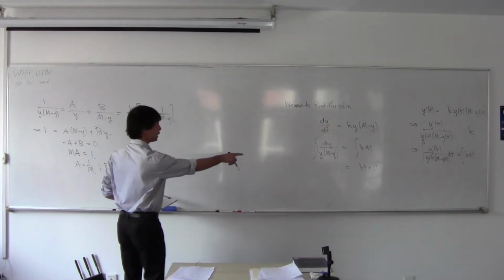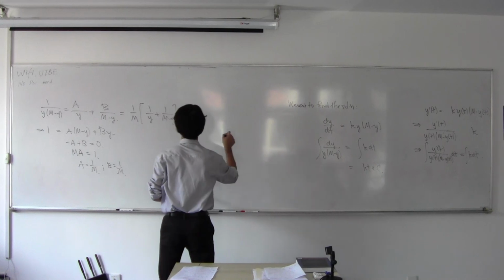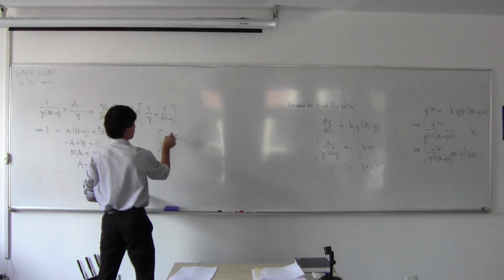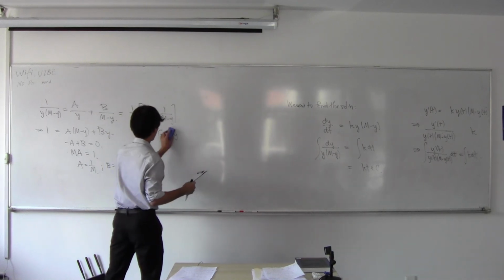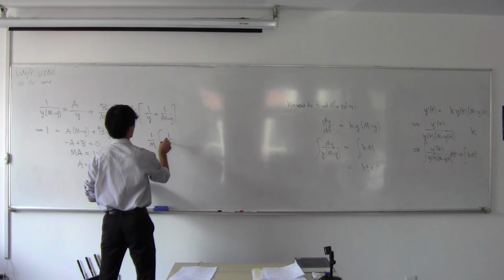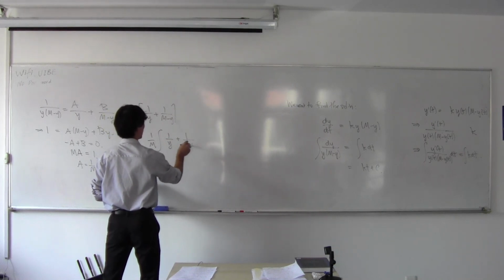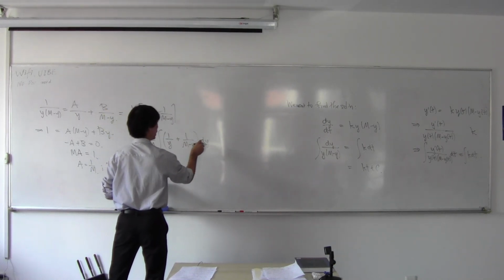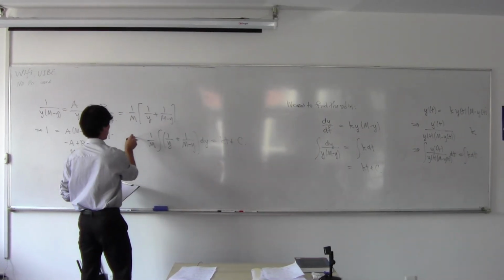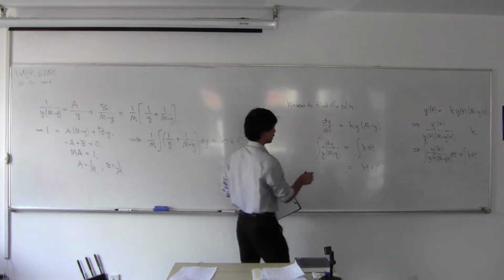Let's go back to over here, and what we get is the integral of 1 over m times (1 over y plus 1 over m minus y) dy equals kt plus c, from here.